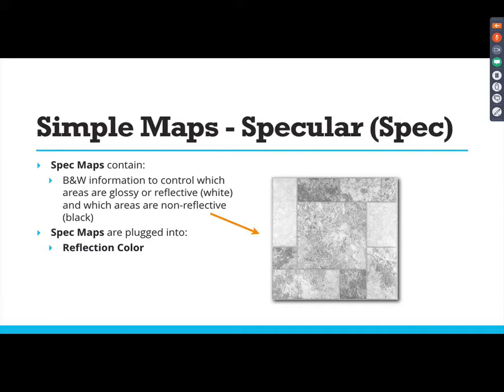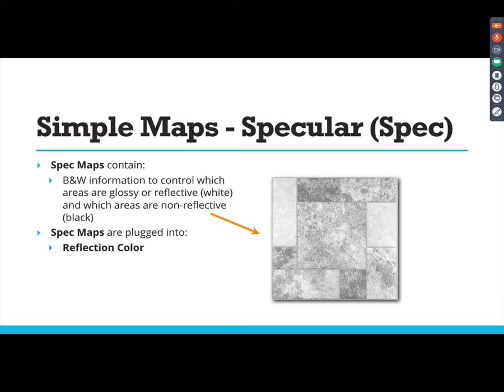Spec maps contain just black and white information. That's because in our reflection channel, in the MIA Material X, in Arnold, in RenderMan, we have a color chip there. It's usually 0 to 1, black and white. Of course, it could be another color, but when you get into coloring reflectivity, you're changing the properties of the material.